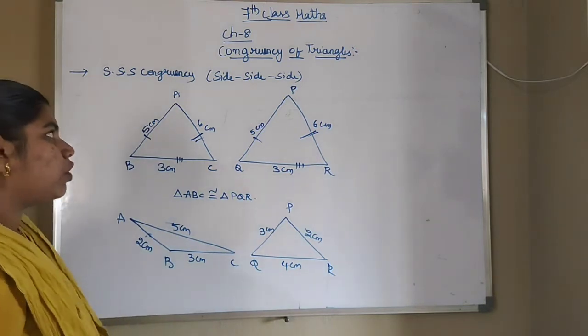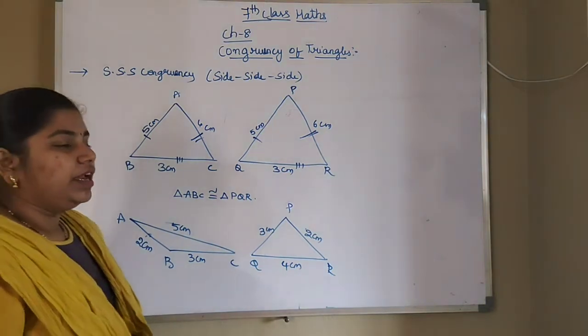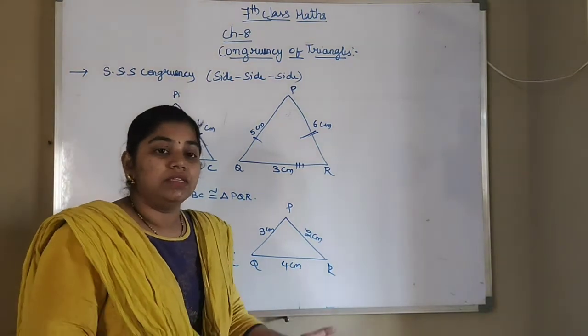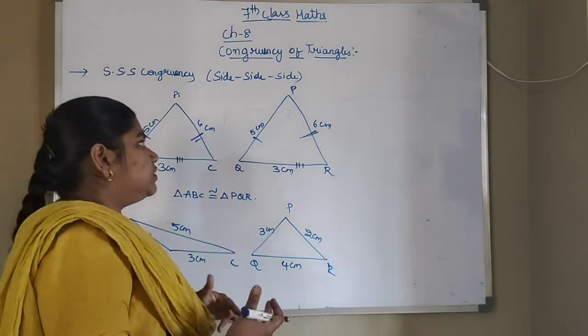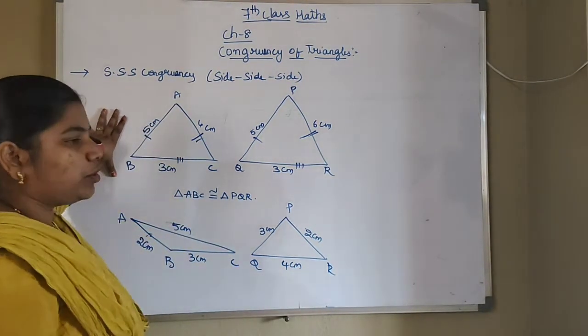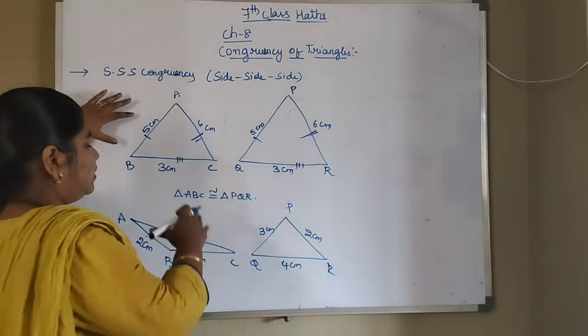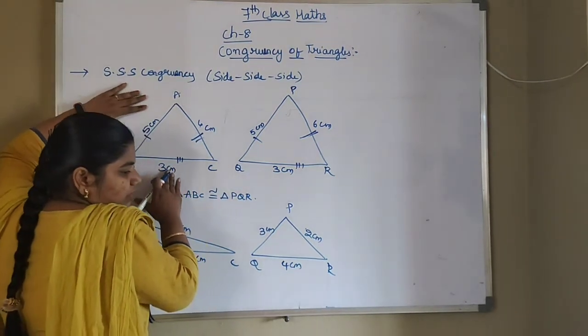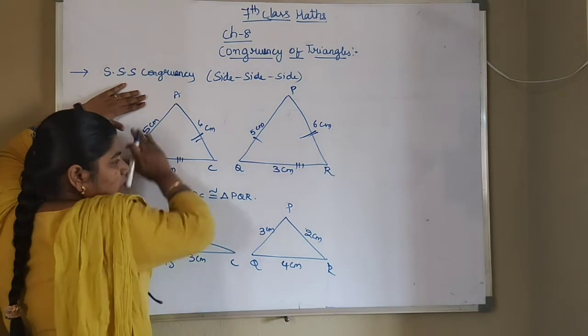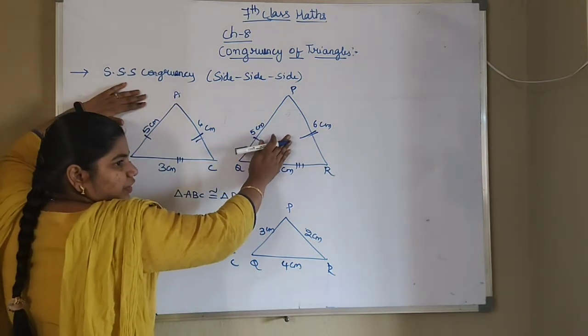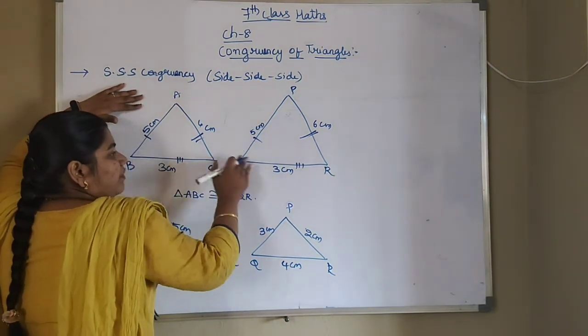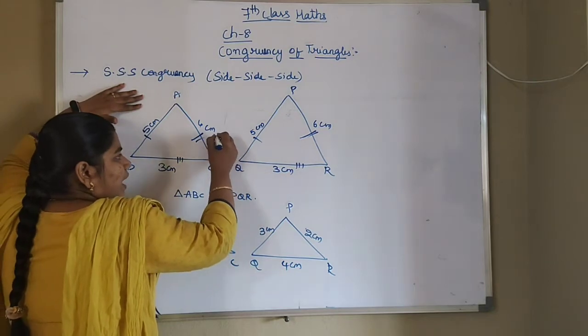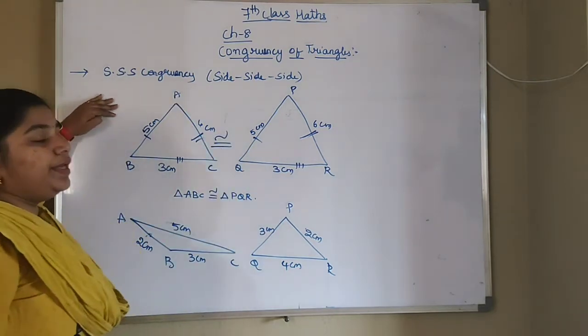So what do you mean by congruency? Congruency means it should have the same shape and same size. Okay, so the first figure is congruent because if three sides of a triangle are equal to the corresponding three sides of another triangle, then we can say that these two triangles are congruent to each other.